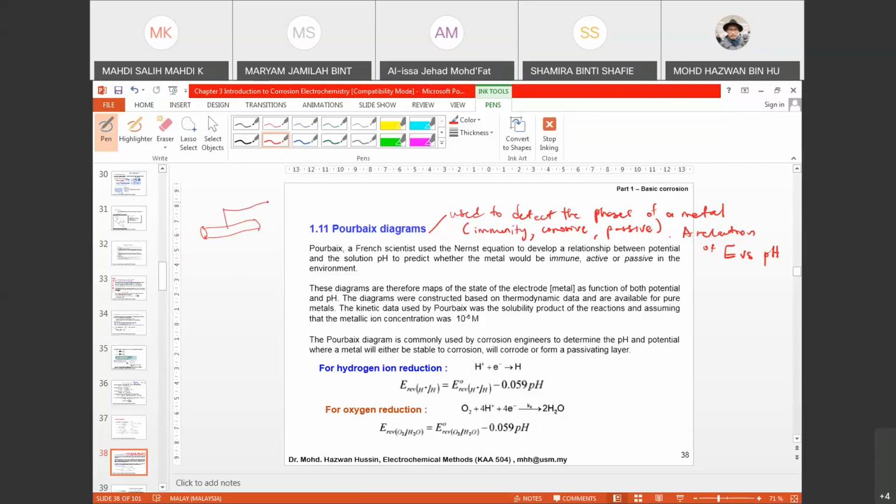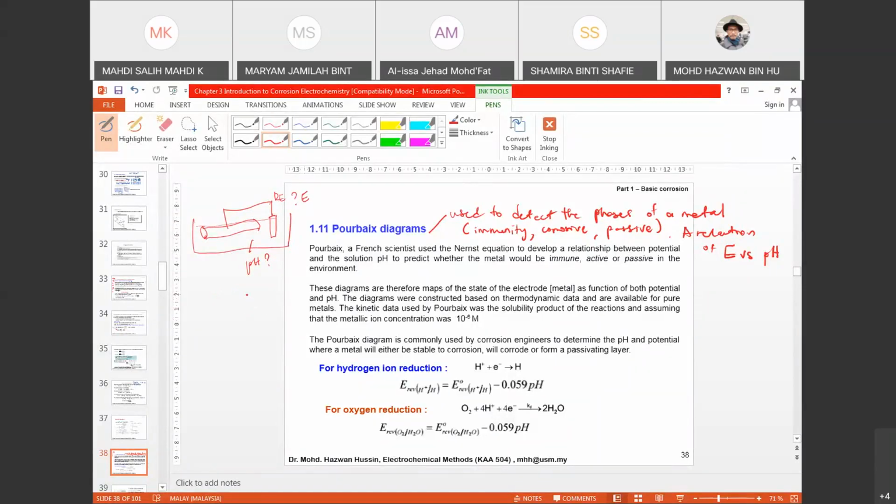You will connect it to a reference electrode, RE, to check the potential value. And then you will also measure the pH of your environment. So at the end, you will try to match the value obtained with the diagram.